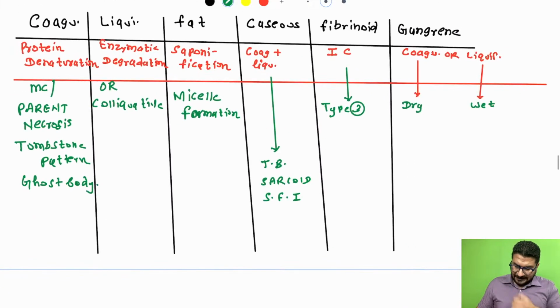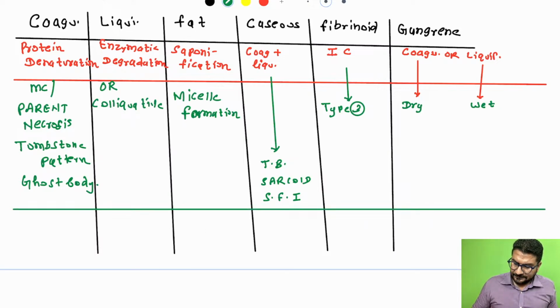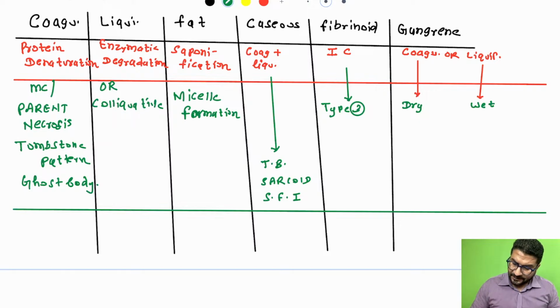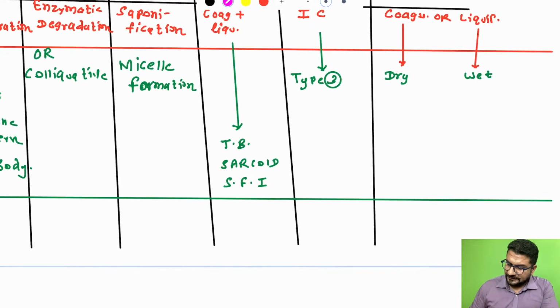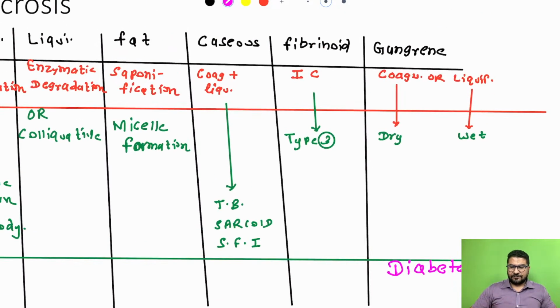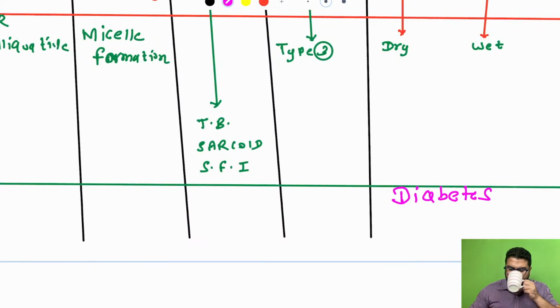And finally the last thing which they ask you in exam is where you will see these necrosis. तो सारी necrosis को हम summarize कर लेते हैं. So where we see these necrosis, understand this thing. If you ask me gangrene, the classical condition that is causing gangrene will be diabetes. अगर मैं आपको बोलूँ fibrinoid में क्या याद रखना है, what you have to remember in fibrinoid is malignant hypertension, PAN and rheumatic fever.